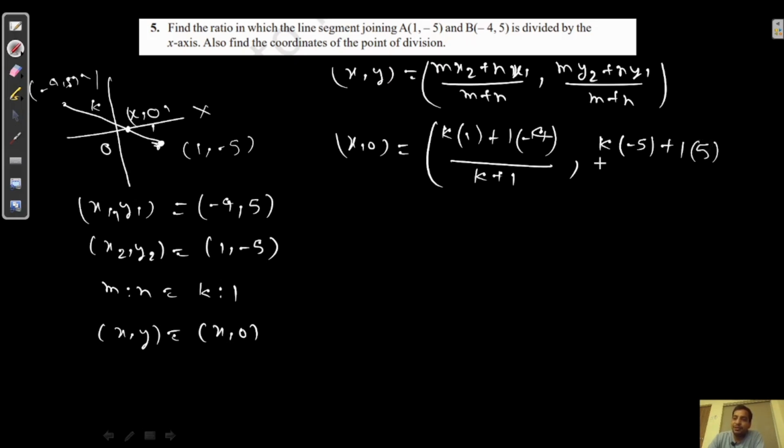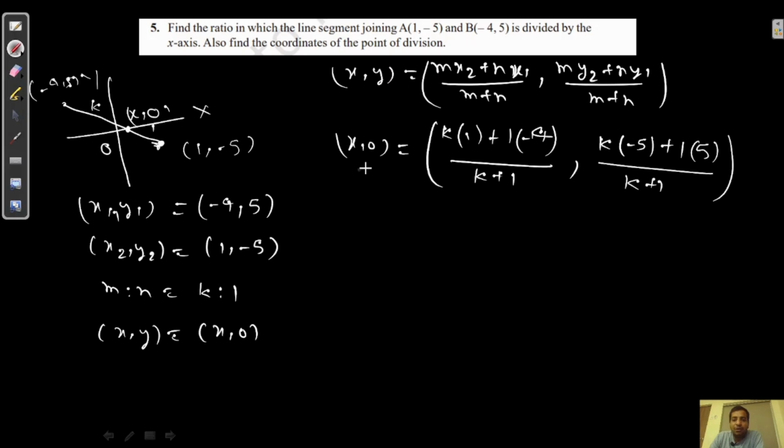Yes, say with me, upon m plus n. m is k, n is 1. So now just look, if you are comparing the x part, meaning the thing which is written before the comma, I am having something here, x, I am not having any particular value here, that value we have to find.